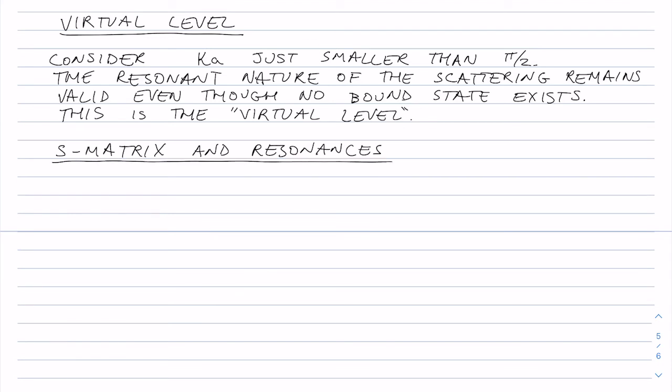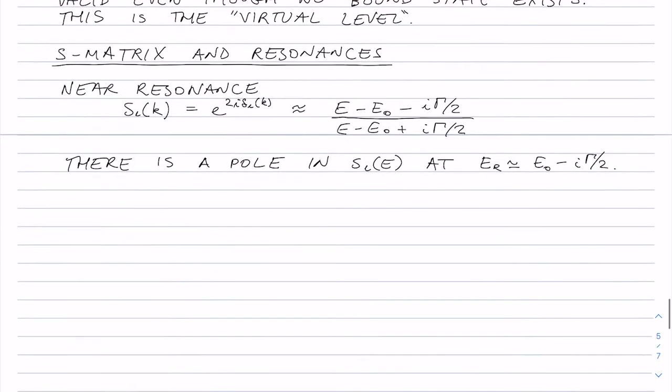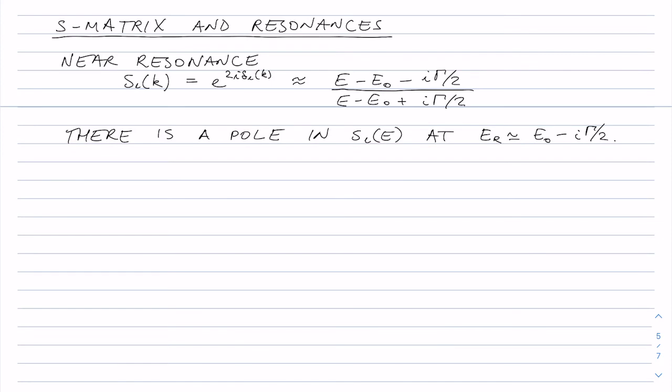A final interesting point is to look at the S matrix near the resonance. So what happens at resonance is that there is a pole in the scattering matrix. What does that look like? Well, now we have to think about the energy space being extended into the complex plane.